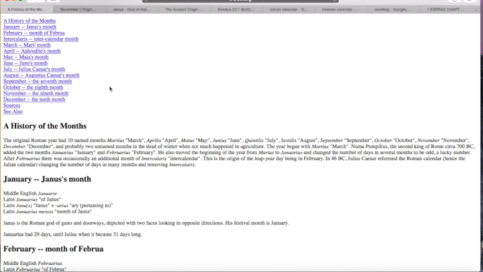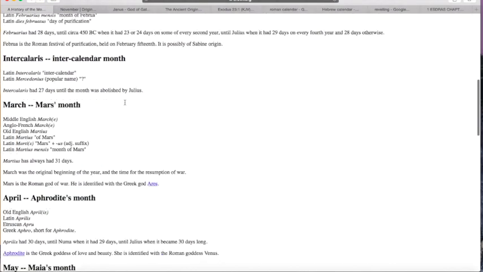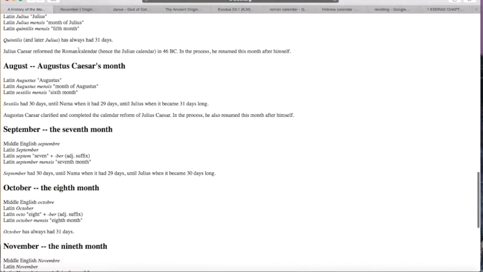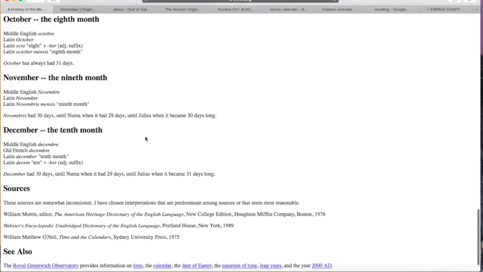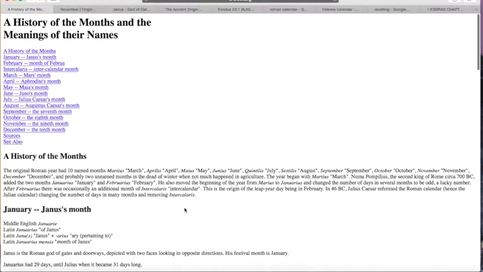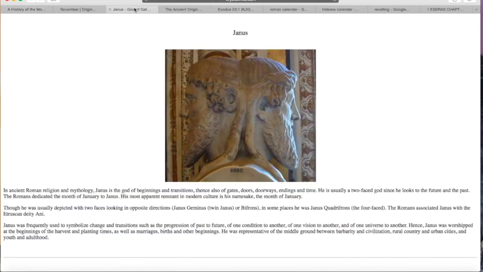But just to show, this is a cool site. It's pretty good, and when you go through it, you can see all the different months and all the breakdowns and stuff like that. So that's some facts for you. But this is going into Janus, where the whole thing about January comes from.